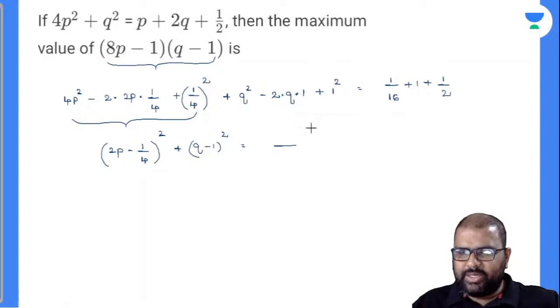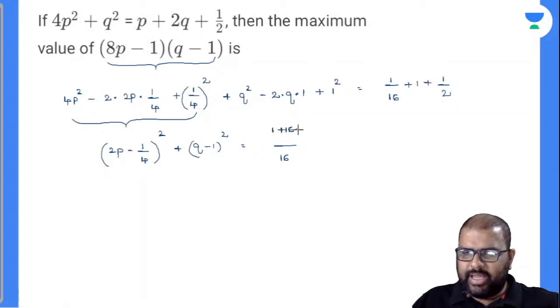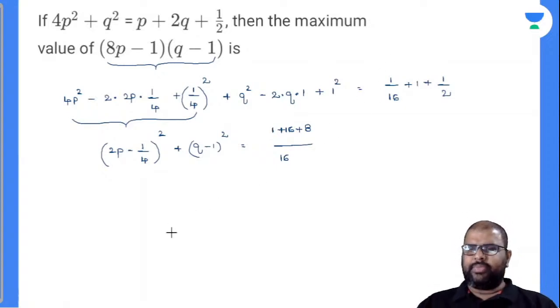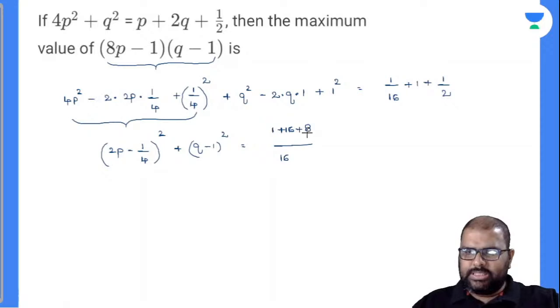So 16 is 2 to the power of 4, and the LCM will be 16 only. This will be 1, this will be 16, and this will be 8. Am I right or wrong? So how much is this? 16 plus 8, 24, 25 by 16.